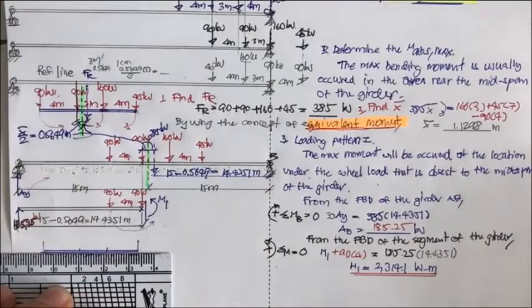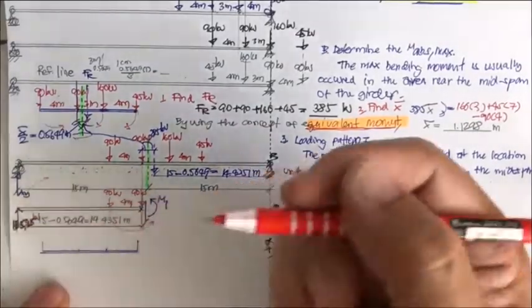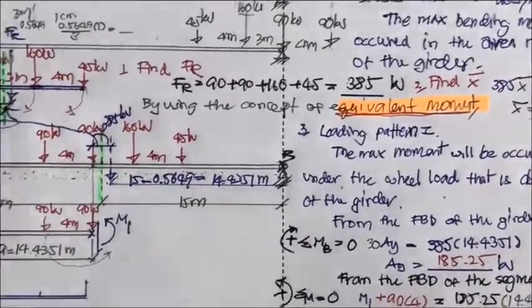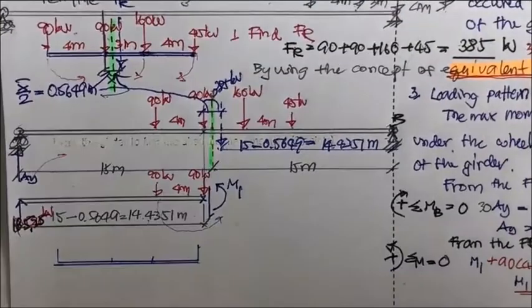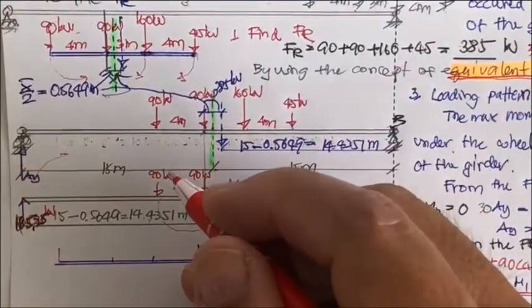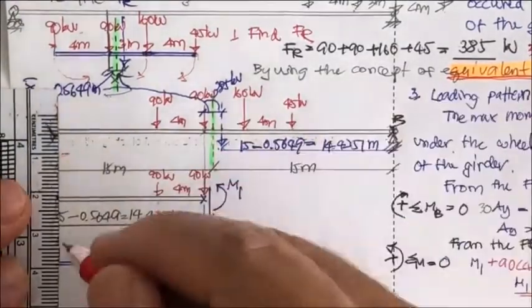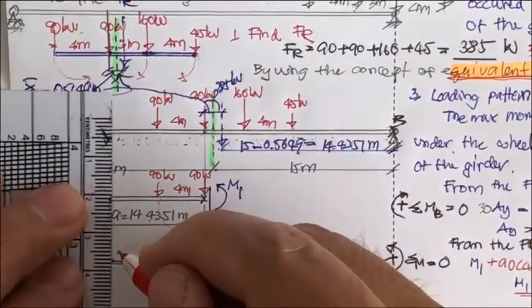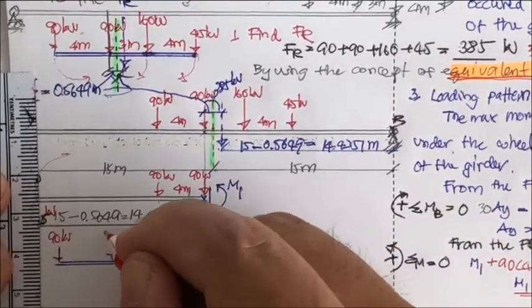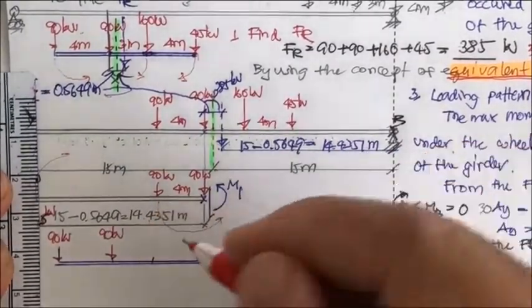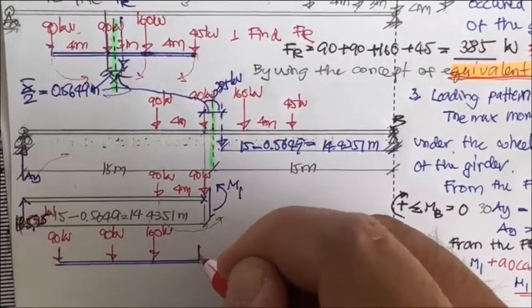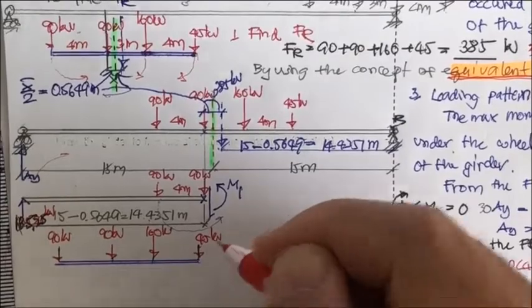Okay, for the second one now, let me zoom it again. We have the same thing, but we will use a different location, to put this 90 location to the mid span of the beam. Okay, this is gonna be 160 kilonewton, and this is gonna be 45 kilonewton.